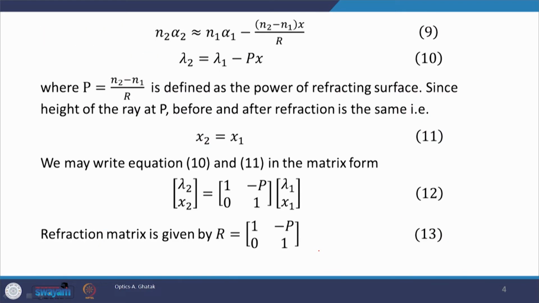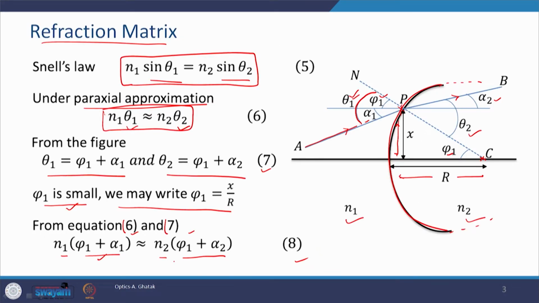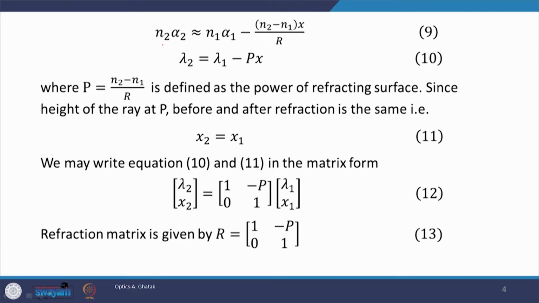Now, if we expand this, then we will get n2 alpha 2 is approximately equal to n1 alpha 1 minus (n2 minus n1) x by R. We also know that n times alpha is nothing but the direction cosine.